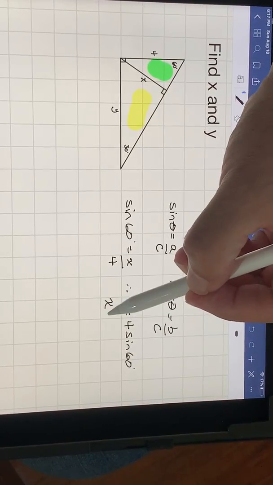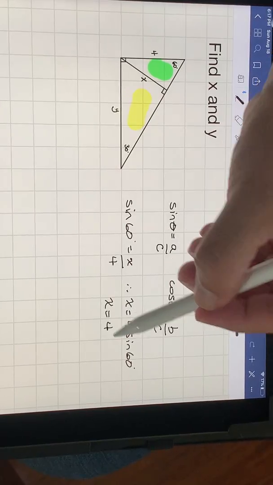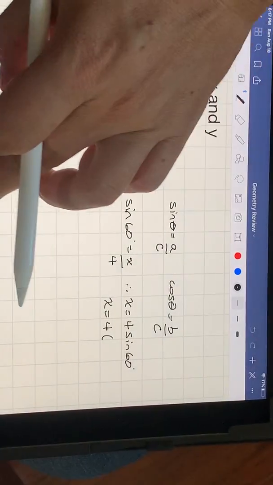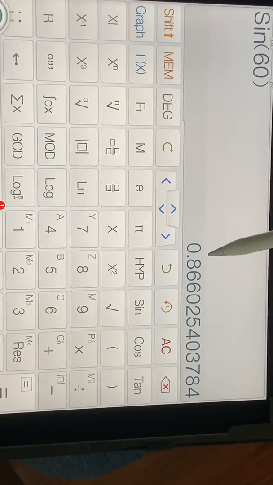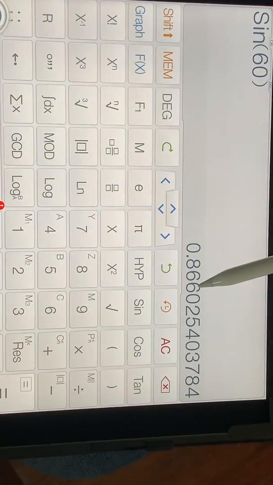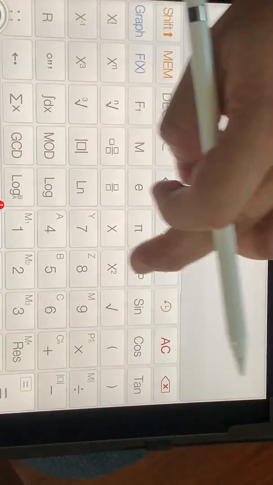So x equals 4 times, now let's go to the calculator, and we know that the sine of 60 is 0.866.